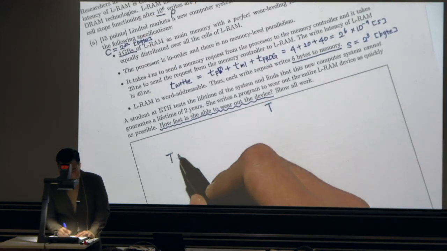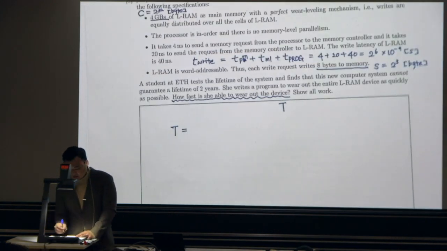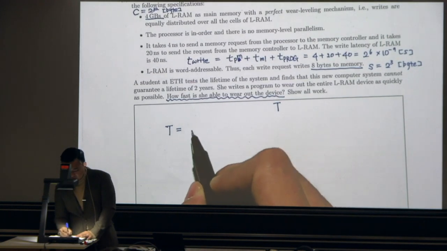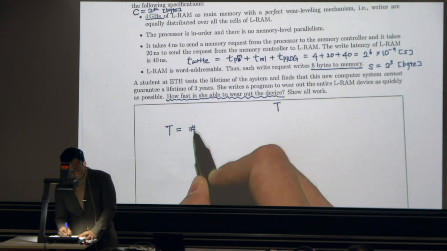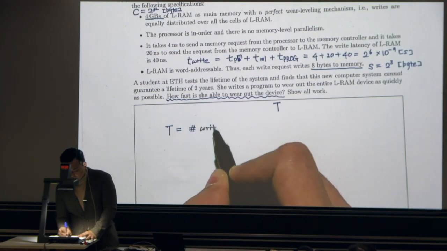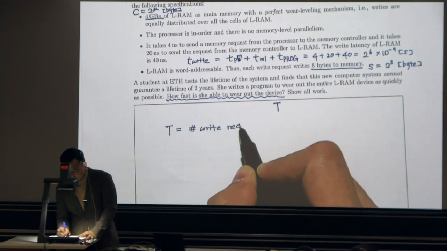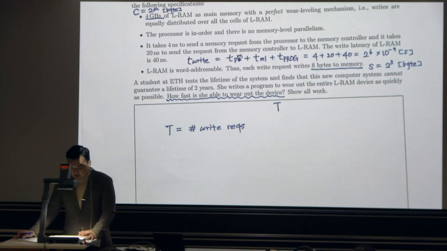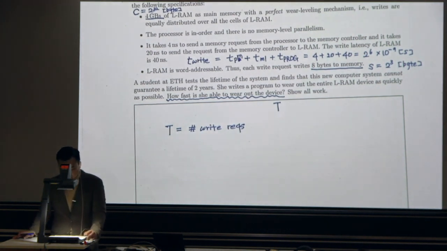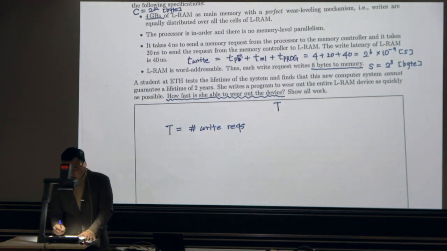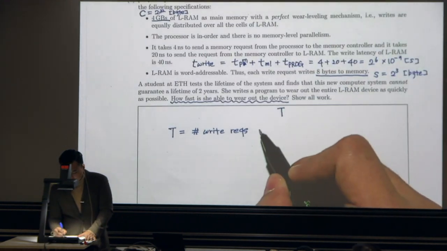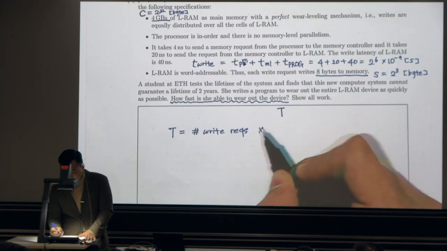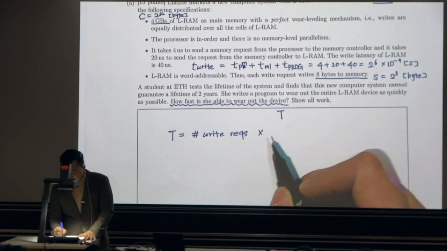So to calculate T, we can simply calculate it by multiplying the time for handling a write request by the number of write requests necessary to wear out this entire LM device. Since there is no parallelism, or no way for us to overlap the latency, we can simply multiply.